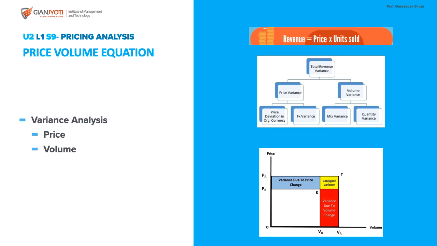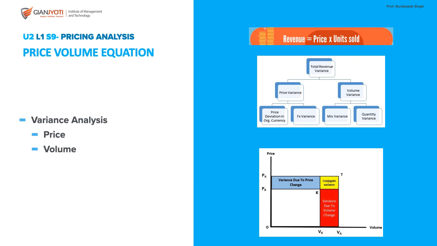Now this is a chart wherein I have increased the price from say A to B, I have decreased it, and the volume has also gone down. So how much variance is there, or from P to A?